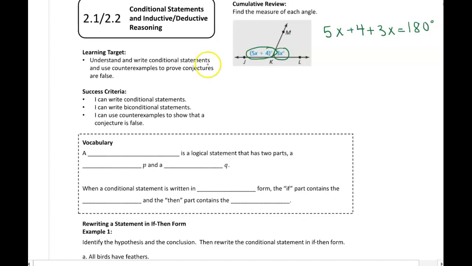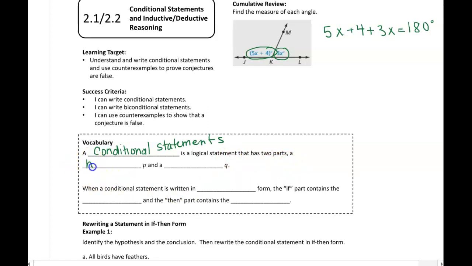Okay, the first thing that we're going to cover are conditional statements. Now, a conditional statement is a logic statement that has two parts.